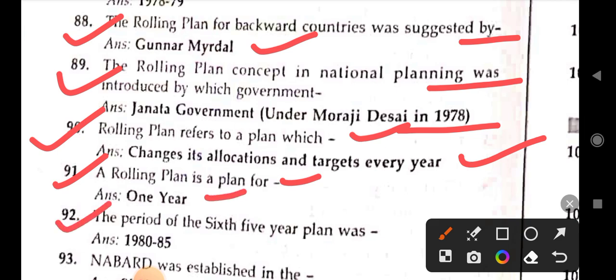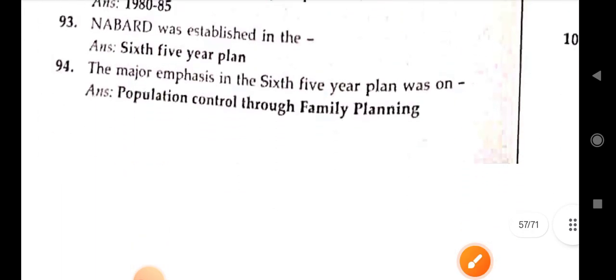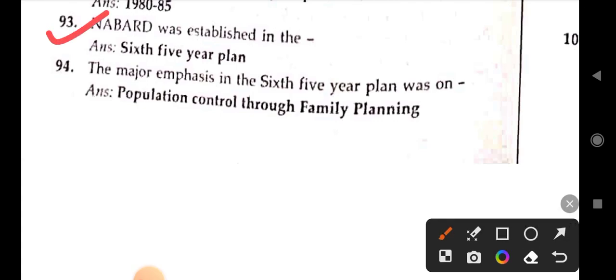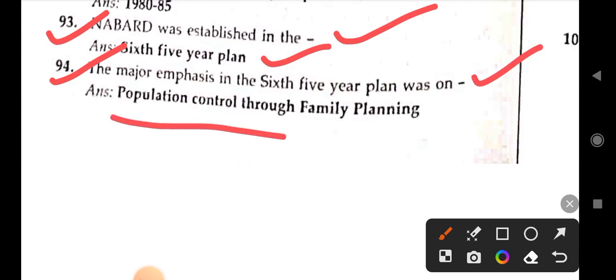The period of sixth five-year plan was 1980 to 85. Next, NABARD was established in the sixth five-year plan. The major emphasis in the sixth five-year plan was on population control through family planning.